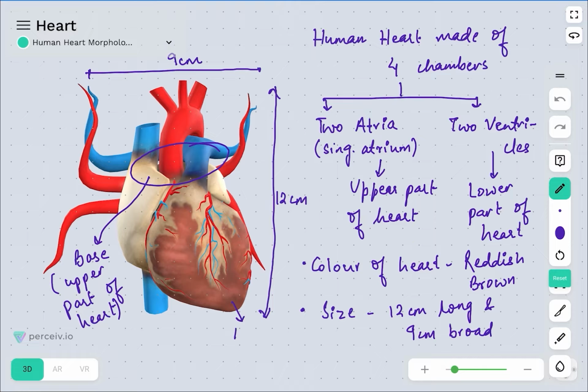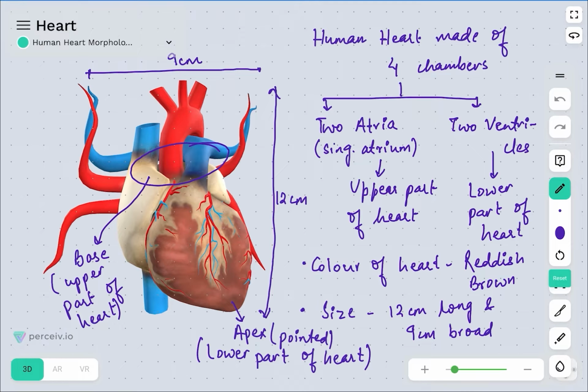And this part is considered to be the apex, which is the lower part of the heart. And this apex is pointed, you can see. All right. So we have seen some of the basic features of the heart.